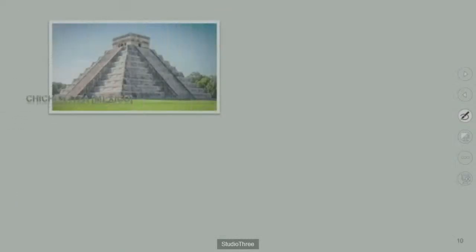Next, Chichen Itza. Chichen Itza. It is in Mexico. A worldly monument, historical monument, has a great value and importance in the life of human beings.